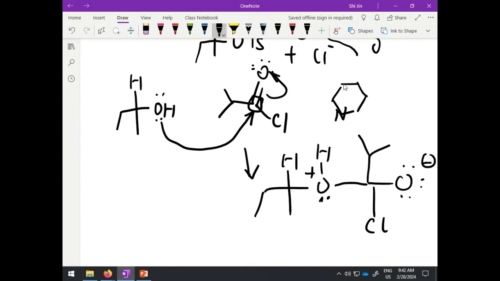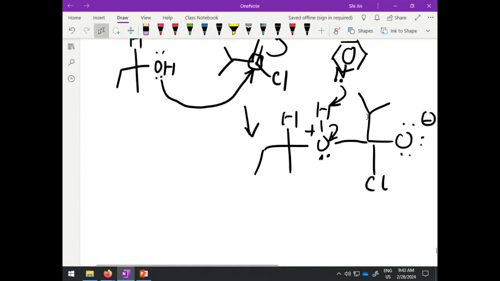And the pyridine's role actually could be more complicated than what I'm showing here. But just for the sake of simplicity, at this point, we just understand it as the base serving the role of taking the proton away. But in chapter 20, we will see that the pyridine actually serves a role more than just taking a proton away. At this point, we assume that it just does this, for the sake of simplicity. So then this will give you the product.